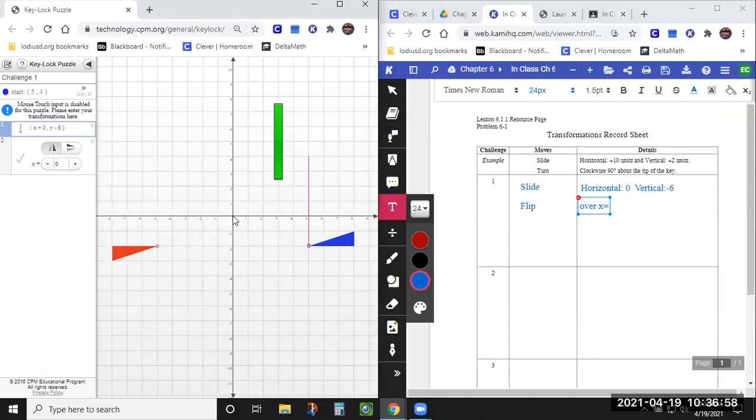X equals what? Look where I am pointing. X equals 0 line, okay? So when you're looking at flipping sideways, you count, you divide by 2, and then you can either subtract from the blue or add to the red. It'll get you to the same place.